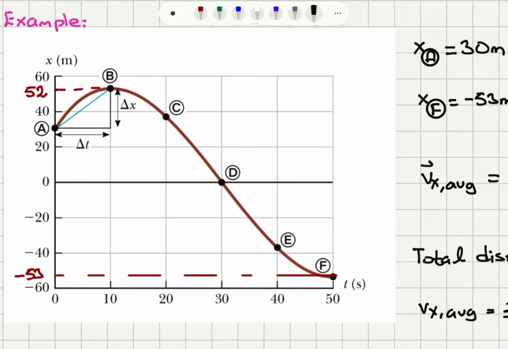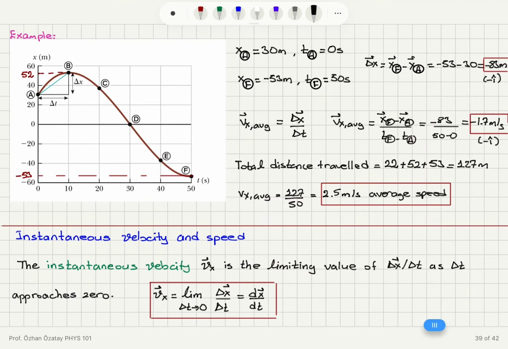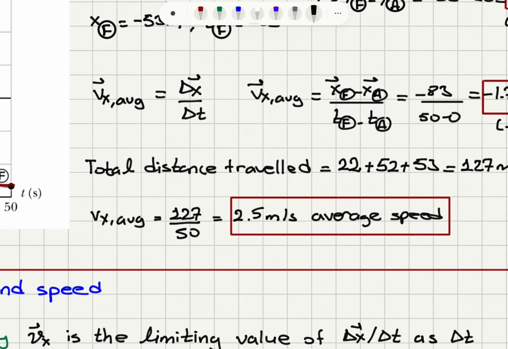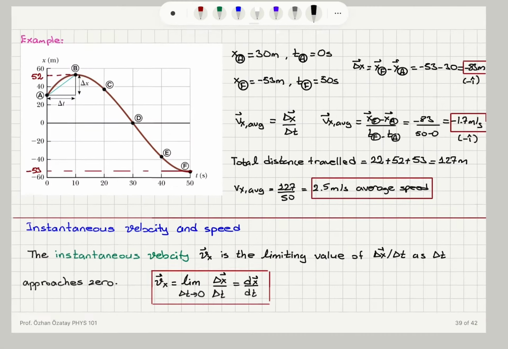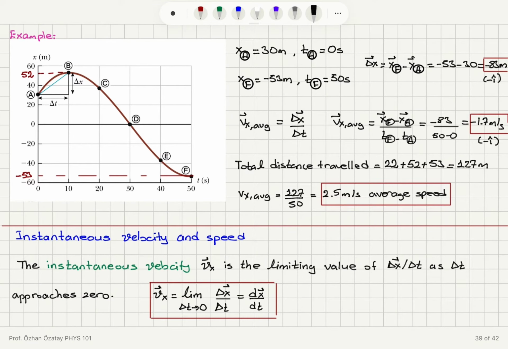Then I travel 52 meters to position D, and then I travel 53 meters to position F on the x-axis. So 22 plus 52 plus 53, 127 meters is the total distance traveled.